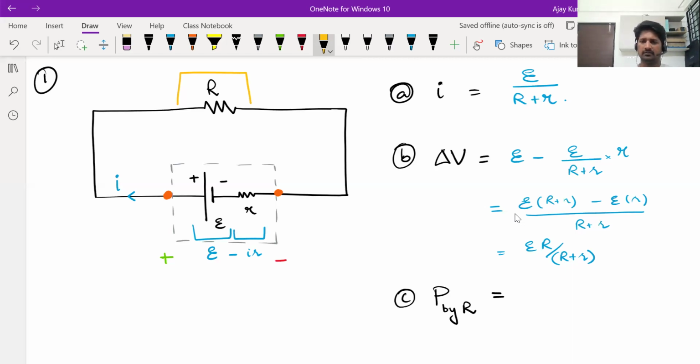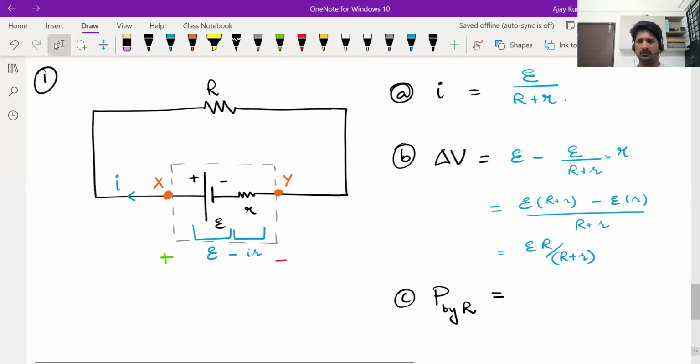Do we know that? Yes, we know. See, this cell is connected across that resistance only, no? So whatever is the terminal voltage, that's the potential difference between X and Y, the same is the voltage across the resistance because it is directly connected there. And we have already calculated that. So yeah, you can use V square by R.